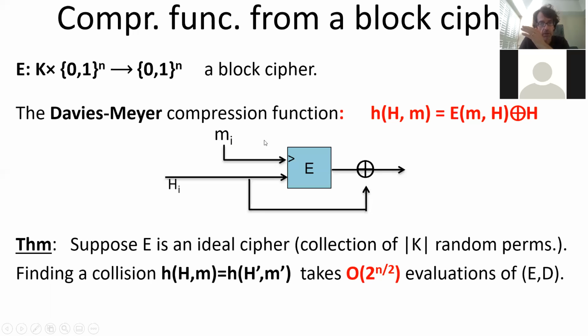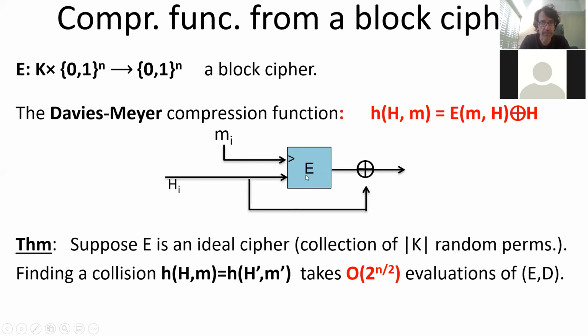So if this is the compression function you use, then the block of the message that you're hashing in Merkle-Damgard will be the key, and the chaining variable will be the plaintext. You will compute the cipher and then XOR the output with the chaining variable, and that will be your next one.